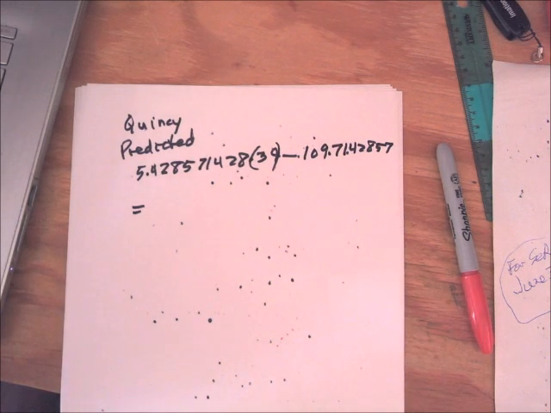Okay, so 5.42 something times 39 plus a negative 109. We get 102.